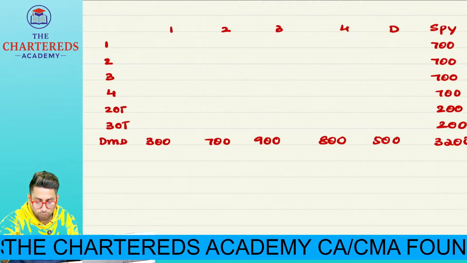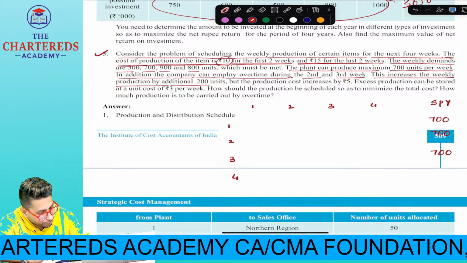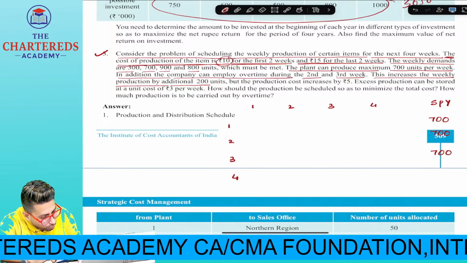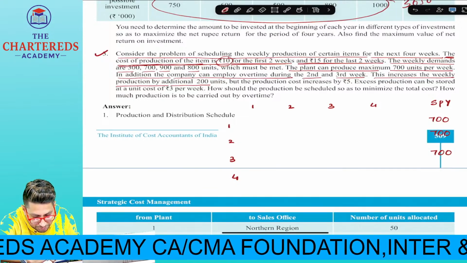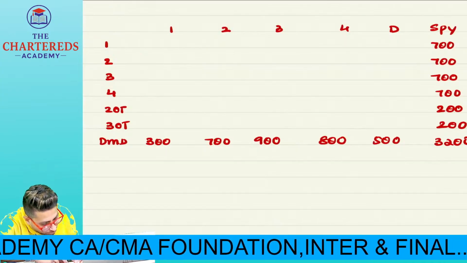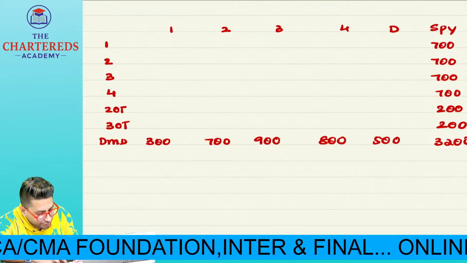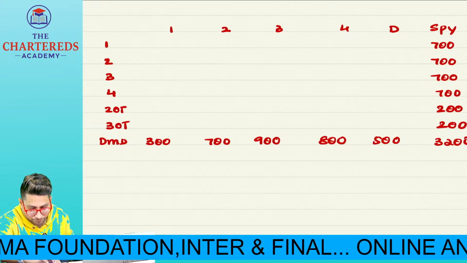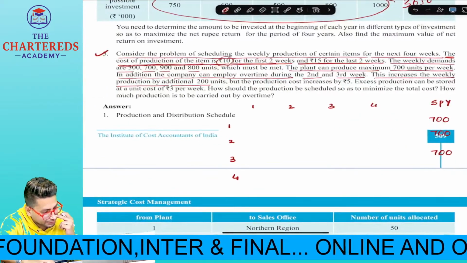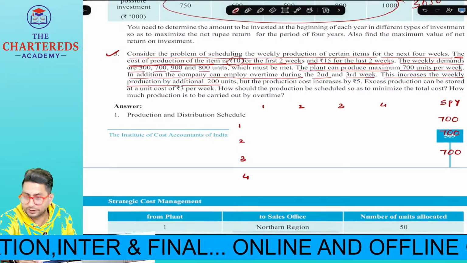Now, after this, what are they telling? Cost. What they told is the cost of production is 10 rupees for the first 2 weeks. Week 1, what is the cost? Rupee 10. Week 2, what is the cost? Rupee 10. Correct? Next they are telling that it is 15 rupees for the next 2 weeks.